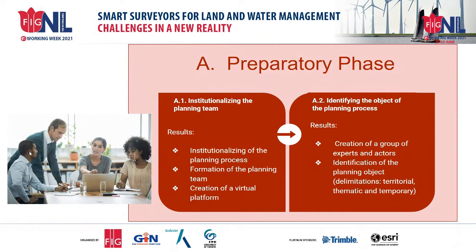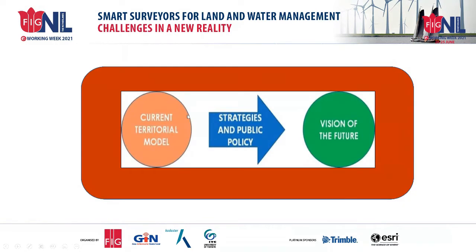After that, we have to identify the main problems or the objective of the planning process. We should be very careful about identifying the planning object from the territorial, thematic, and temporal points of view. So with that group working together, we need to identify or create the current territorial model.